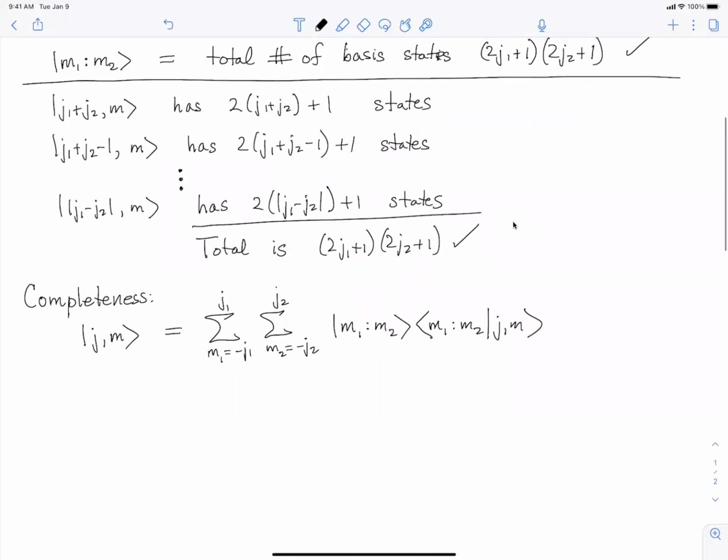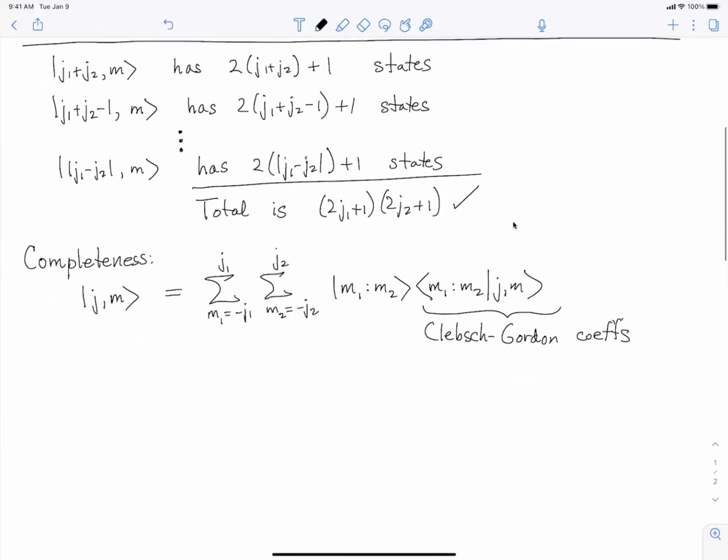Okay, so here I've just rewritten the identity operator as a sum over all the possible states that there are in this orthonormal basis. And therefore, these are some coefficients, which are known as Clebsch-Gordan coefficients.